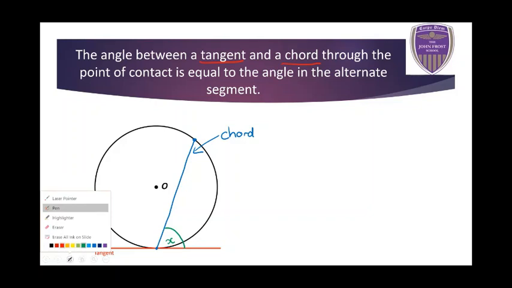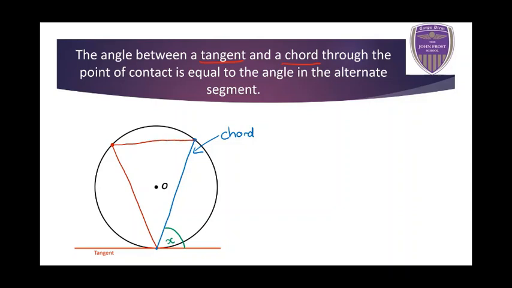So let's use a slightly darker red. Basically what it's saying is, if we have another point somewhere on the circle, call it here, and we join this point to the two points of the chord on the circle, then the angle we've created here, from that point to the two points of the chord, is the angle in the alternate segment.